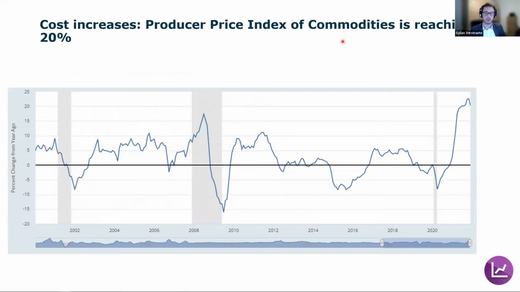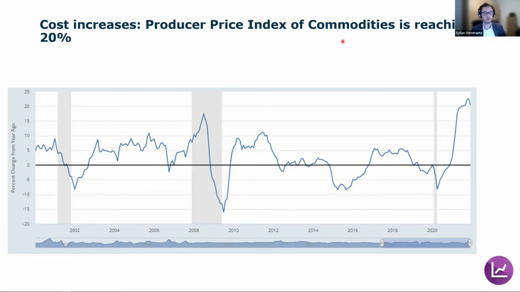If we then look at cost increases, right now we're looking at the producer price index. The producer price index is an index that calculates the average movements in selling prices from domestic production. So it's different from consumer prices, which is what the consumer observes.